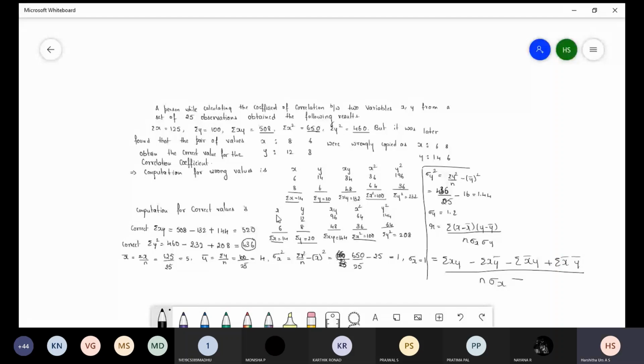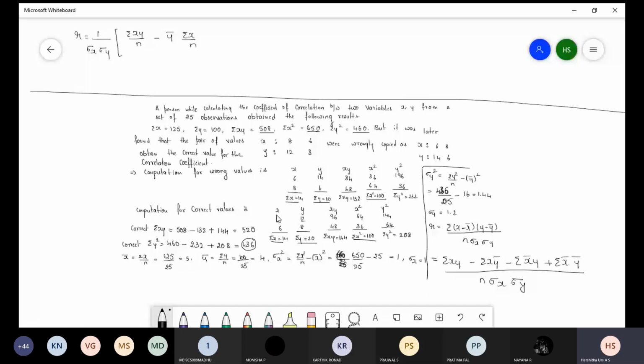After writing here, R is equal to, I write 1 divided by sigma x into sigma y outside. I multiply n through the values: sum of xy divided by n minus y bar, I write outside sum of x divided by n minus x bar, I write outside sum of y divided by n plus n into x bar y bar divided by n.